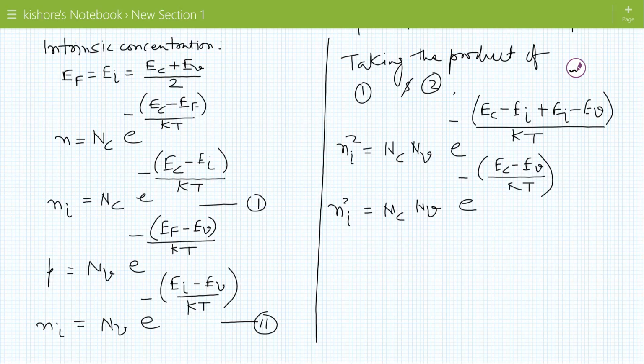Here Ec minus Ev is nothing but Eg, the forbidden energy gap, so e to the power minus Eg by kT.